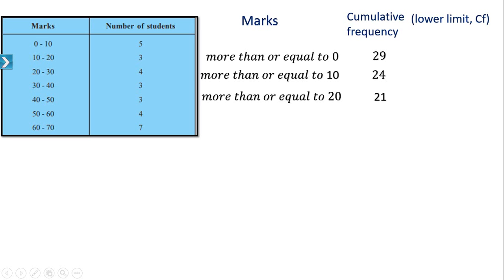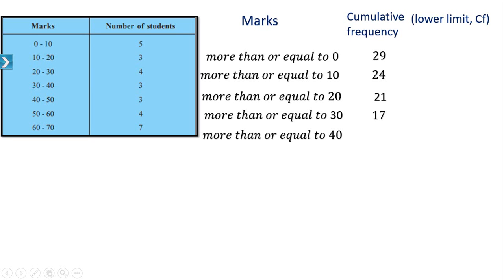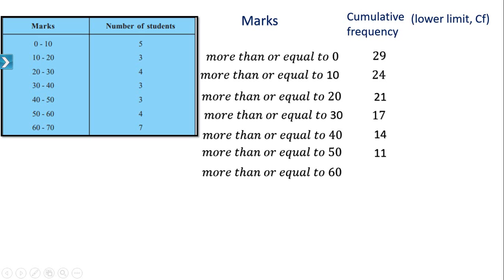More than or equal to 30, that is 21 minus 4, that is 17. Again more than or equal to 40, see here 17 minus 3, that is 14. More than or equal to 50, that is 14 minus 3, 11. More than or equal to 60, that is 11 minus 4 is equal to 7. This is called cumulative frequency distribution table of more than type.